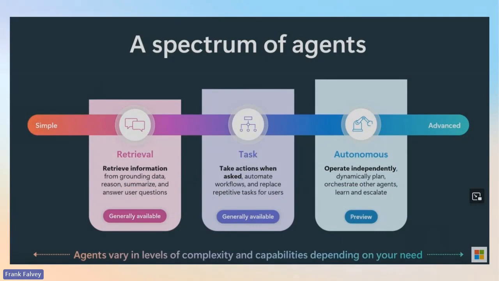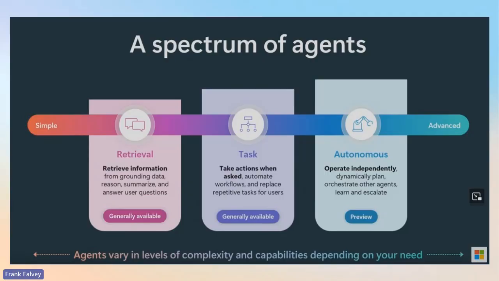So then we move on to the spectrum of agents, right? The first one there is a retrieval one. That could be just like the Copilot chat, the Copilot on Bing.